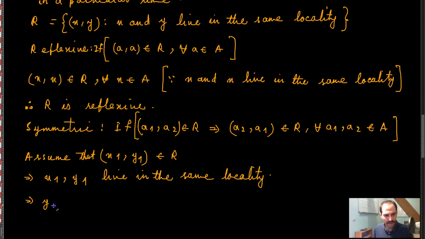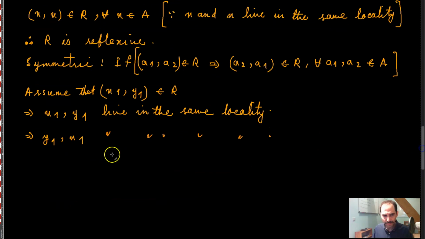That means in turn that y1 and x1 also live in the same locality, which in turn implies that (y1, x1) also belongs to R, right? So we have assumed that (x1, y1) belongs to R, and we have proved that (y1, x1) belongs to R, which means that R is symmetric.